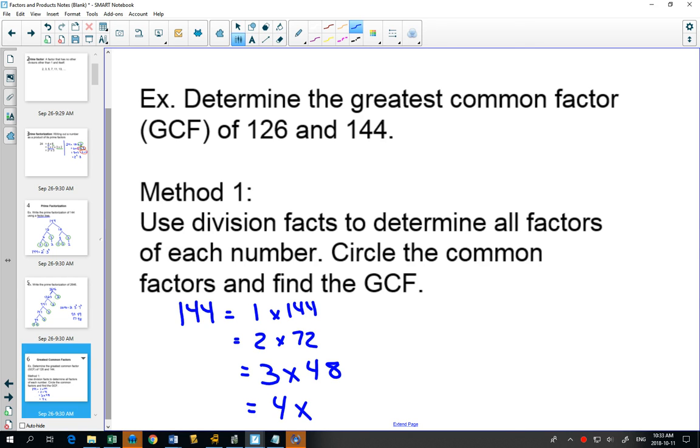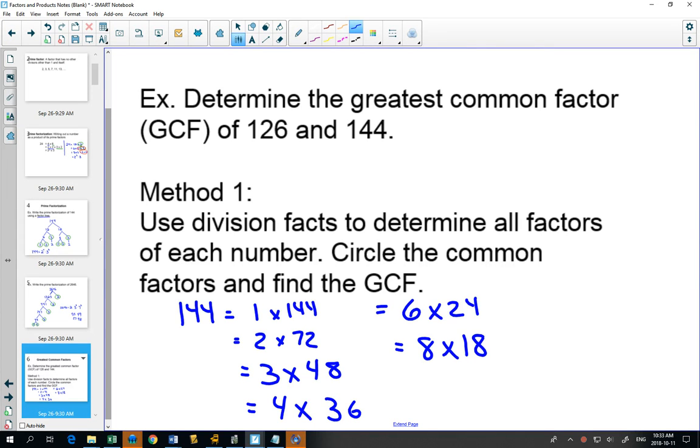Can you divide it by 4? 4 times 36. Can you divide it by 5? No. Can you divide it by 6? Yes. 6 times 24. Can you divide it by 7? No. Can you divide it by 8? Yes.